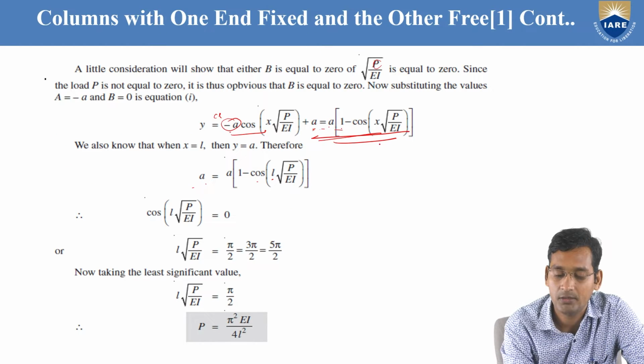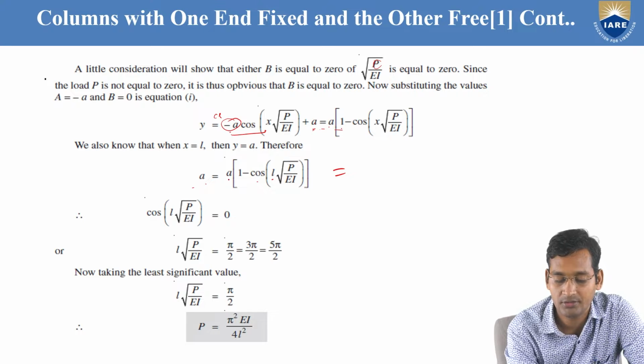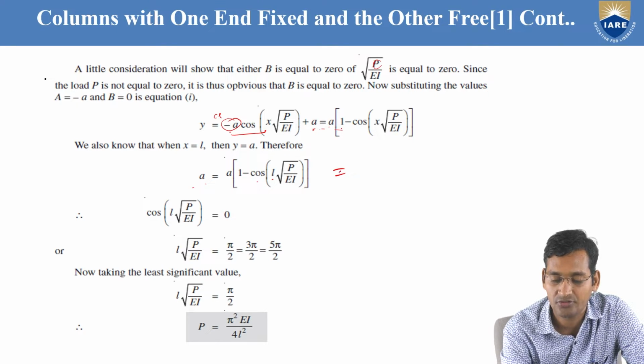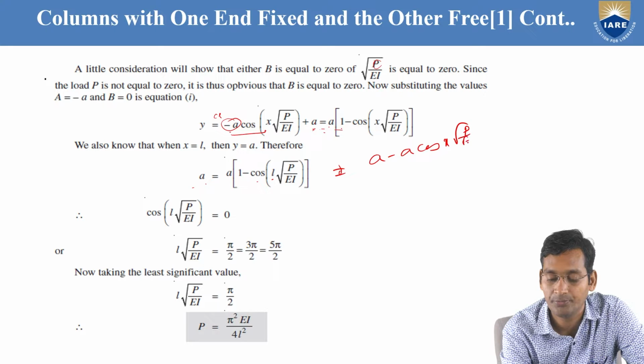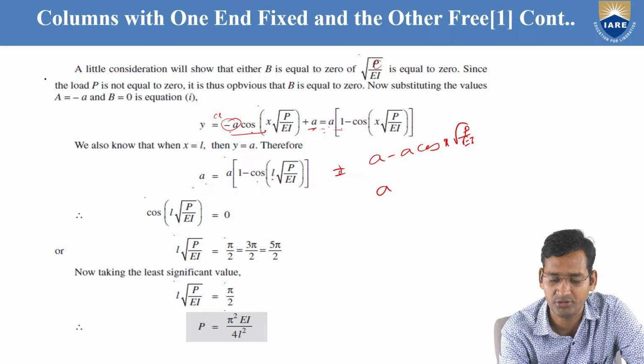Okay, third boundary condition. After solving this, what we will get, just see first this one itself. So what we have, a minus a cos x root P by EI. Taking a common, first I wrote this term, then this term.